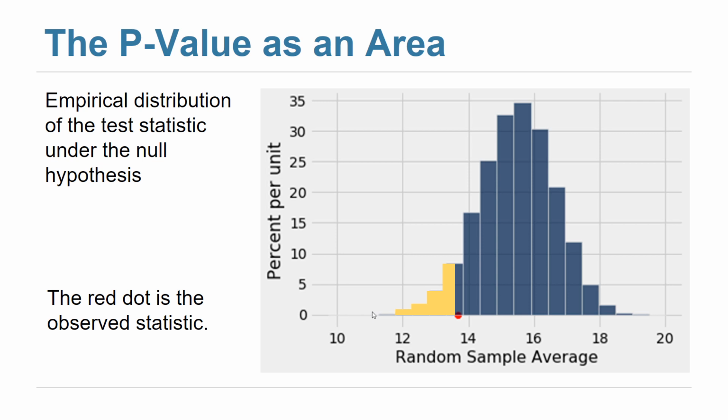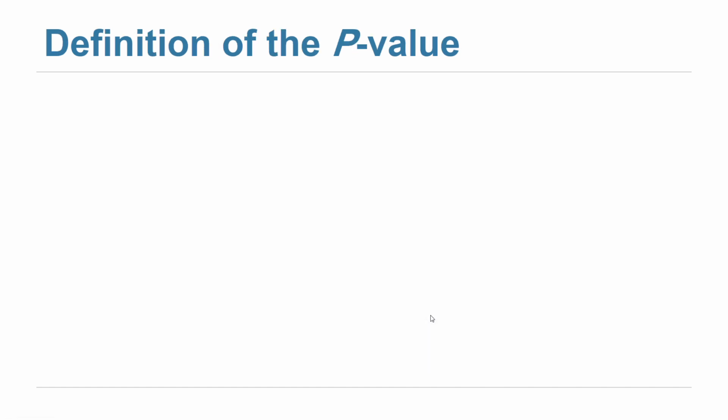So low values will support the alternative, so the p-value should be computed to the left. Okay, and the p-value is a chance, and of course this is equivalent to the area of the distribution of the histogram below this value. Okay, so this is informally. So p-value is an area.